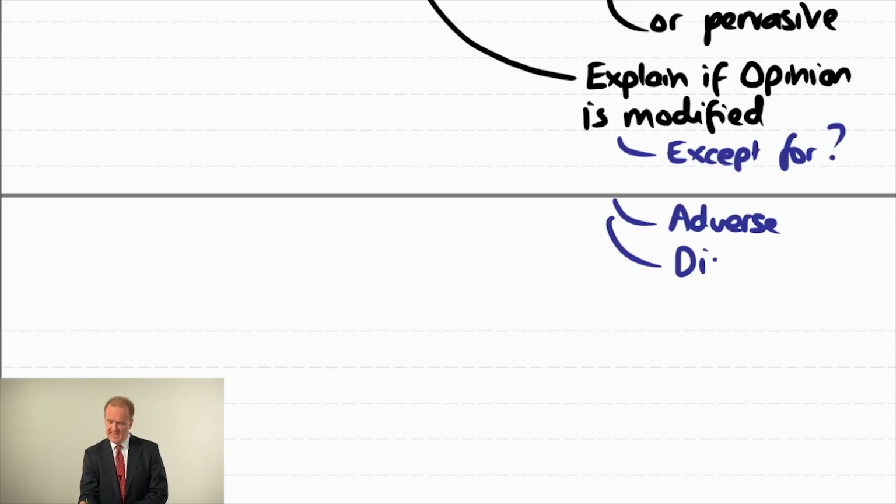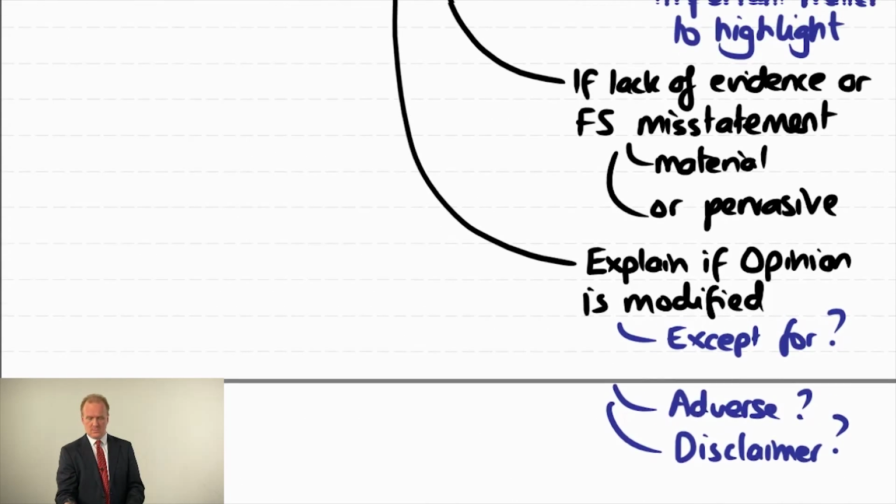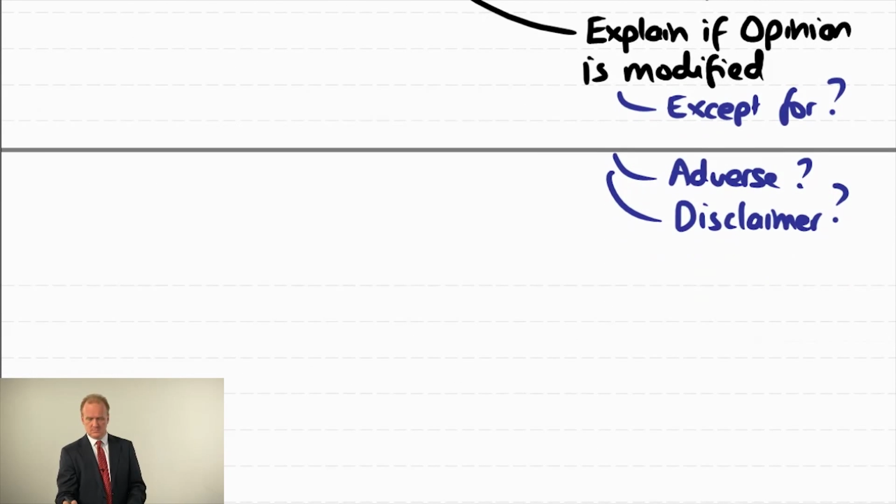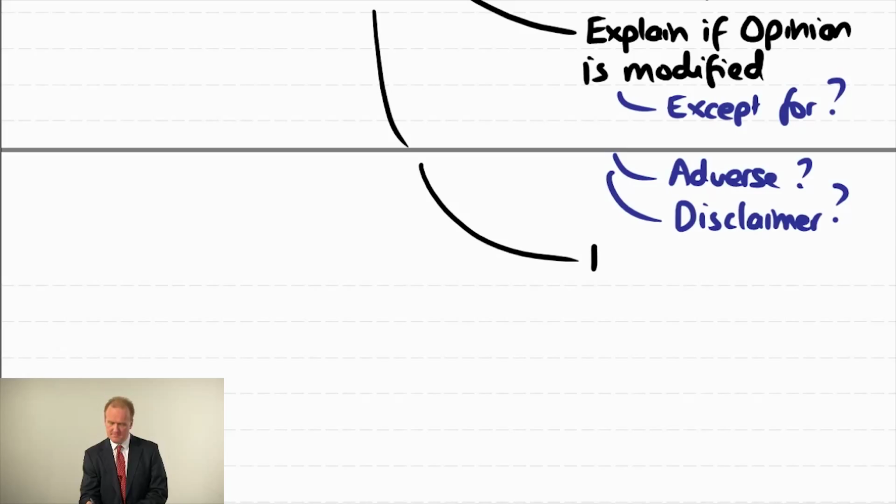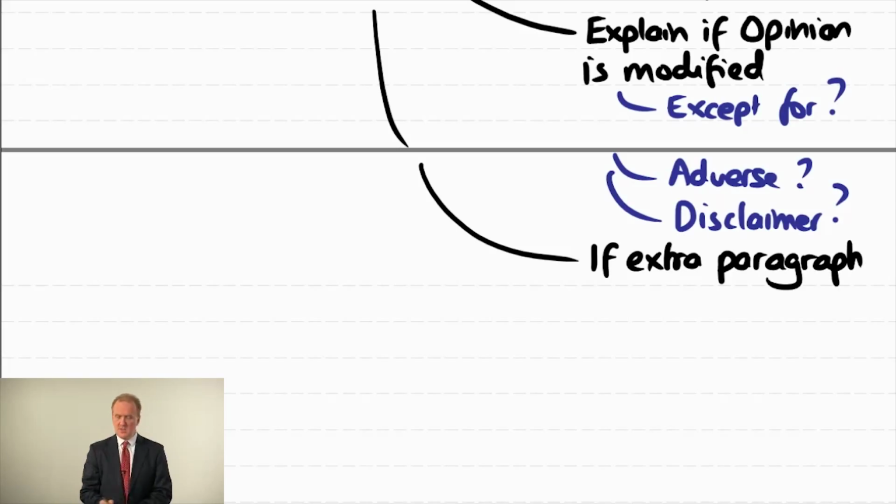Or is it going to be disclaimer? If it's not a modified opinion, and instead it's the extra paragraph, you will need to say whether it's other matter or emphasis of matter.